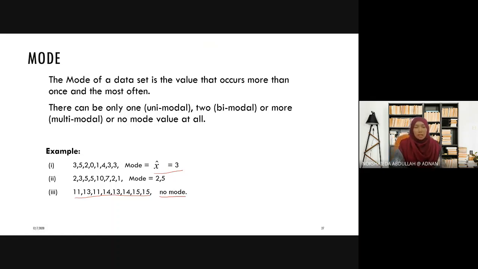So in one data set there can be one mode, more than one mode, or no mode, right? So for ungrouped data, it is easy to find the mode, just from observation, no calculation needed.